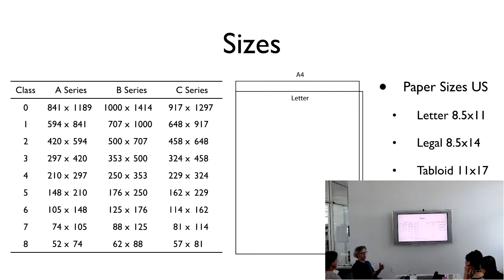If you download a scientific paper that was done with letter, it's slightly different. A4 is slightly taller. So if you want to make a design that's being printed by Americans and the rest of the world, you need to make sure your design takes into account both of these.